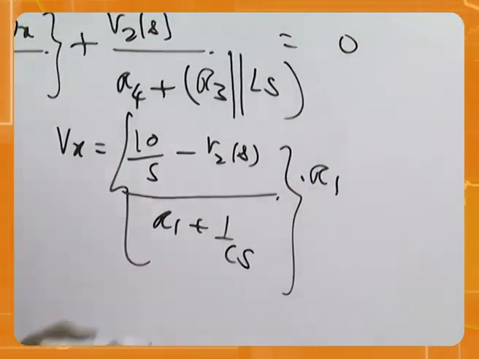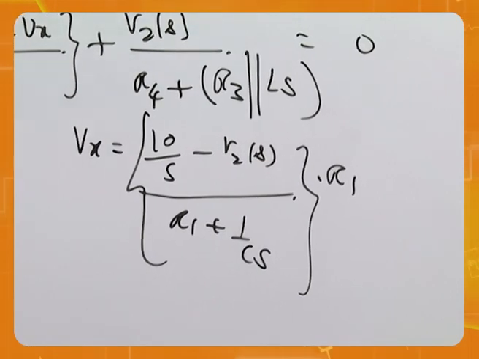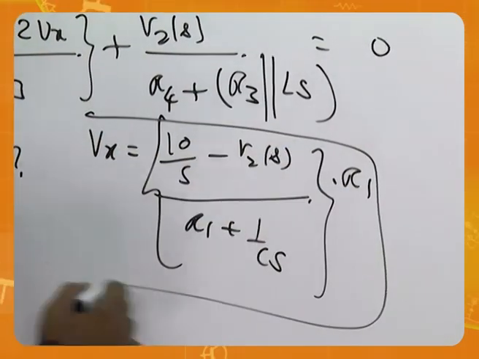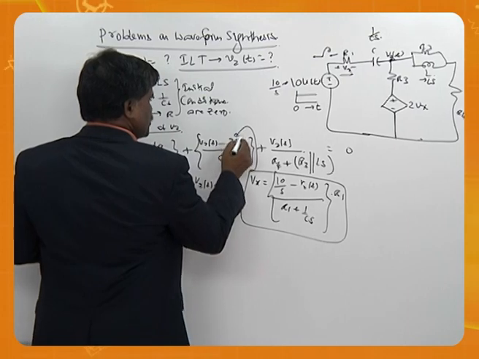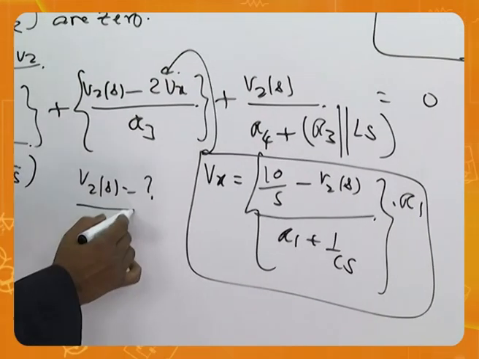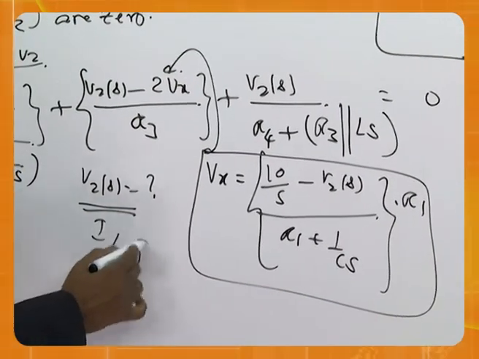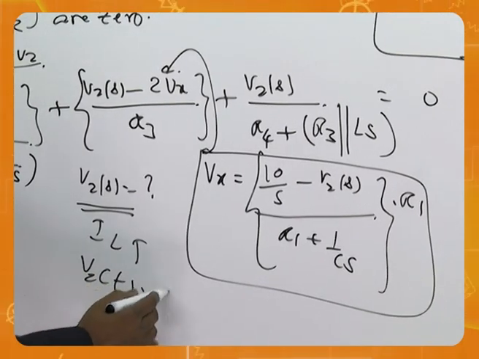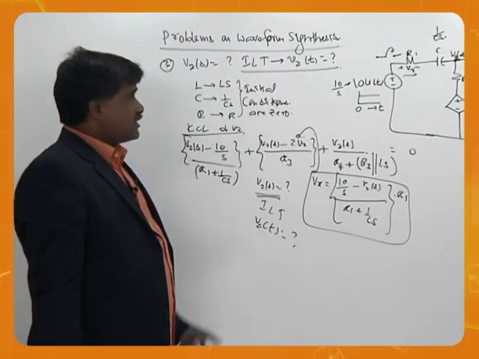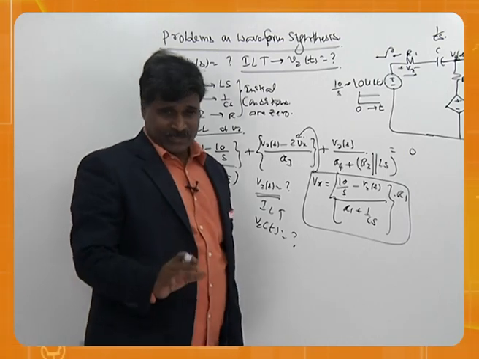That multiplied by R1. So please take this value of Vx, substitute over here, solve for V of S, then take inverse, you will get V2 of t. So this is the problem expected.